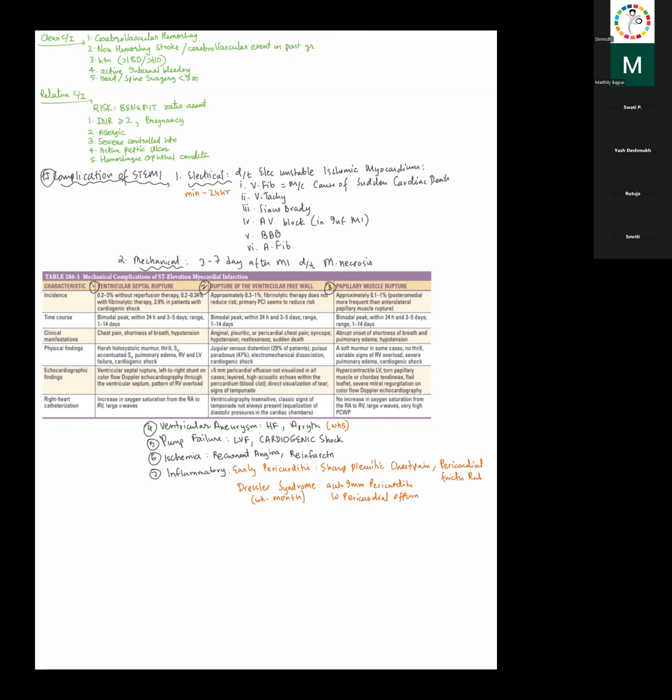Second is ventricular tachycardia. Third is sinus bradycardia. Then AV block, then bundle branch block and atrial fibrillation. These are the electrical complications of STEMI.